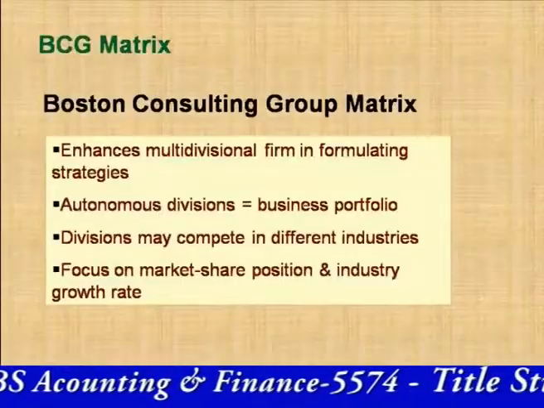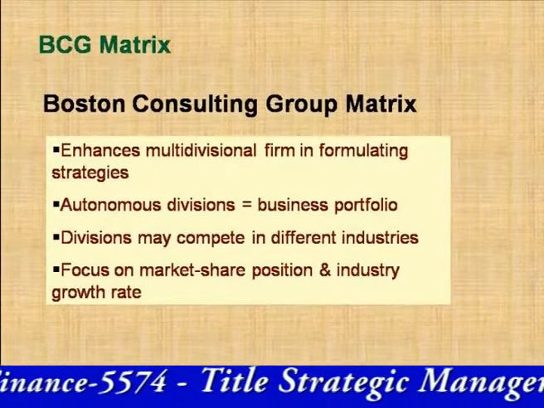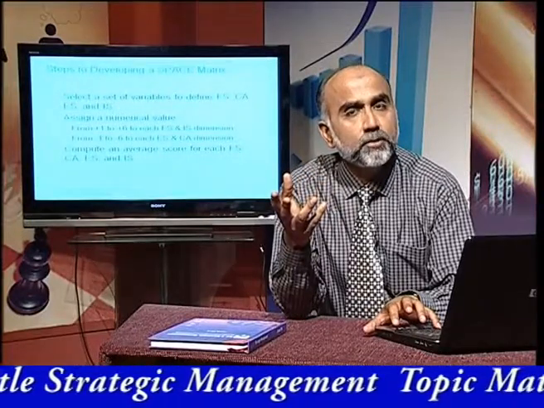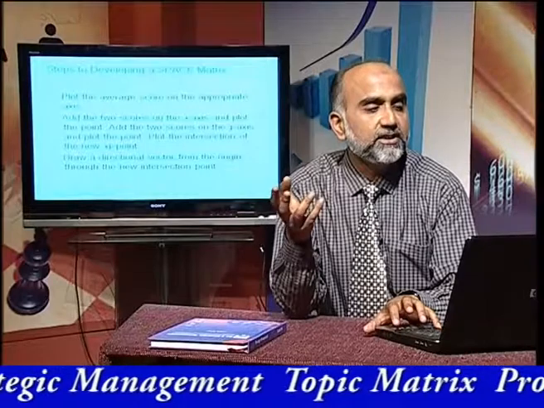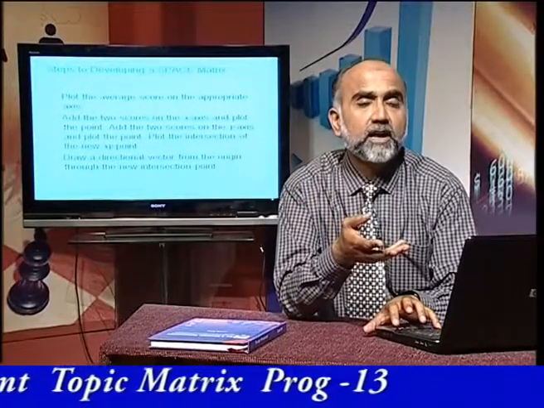Now, there are many other matrices which we can talk about, but the best matrix for formulating alternatives is the one known as the Boston Consulting Group matrix. There are other matrices which help you get your inputs, such as the SPACE matrix, and the ones I have already described, your IFE, EFE and CPM matrices.